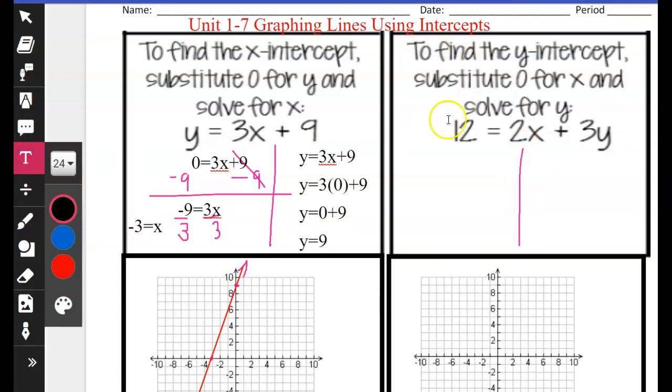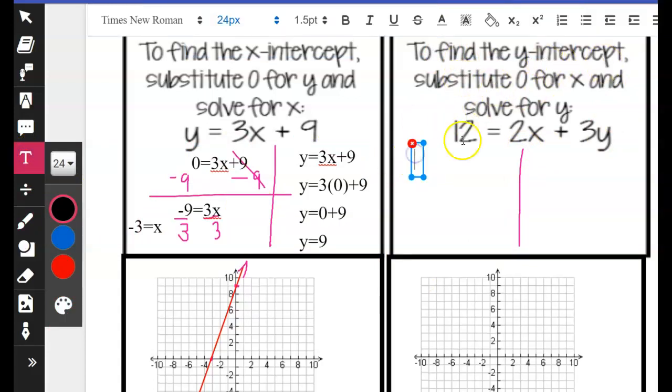Okay, next example. So to find the y-intercept, I'm going to substitute 12 equals 2x plus 3y. In place of the x, I am going to put a 0. So that's going to be 12 equals 0 plus 3y.